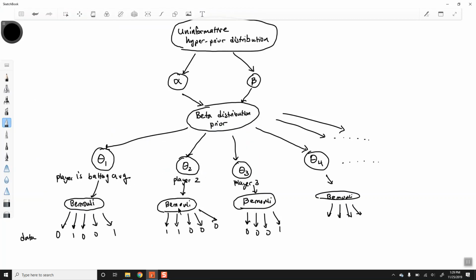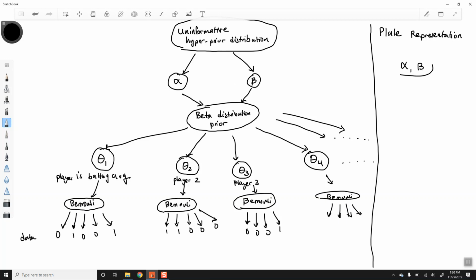So this is a lot of arrows, and to simplify this, there's something called a plate representation. With the plate representation, you just write the names of the parameters.